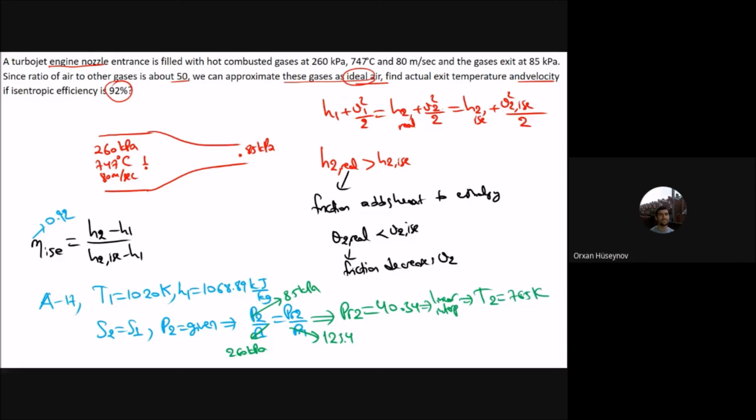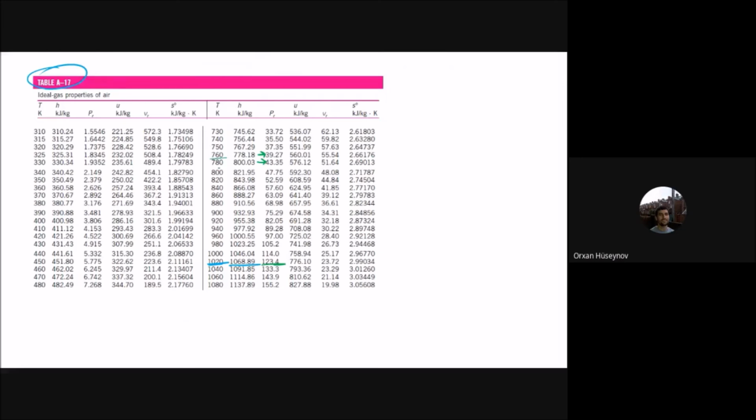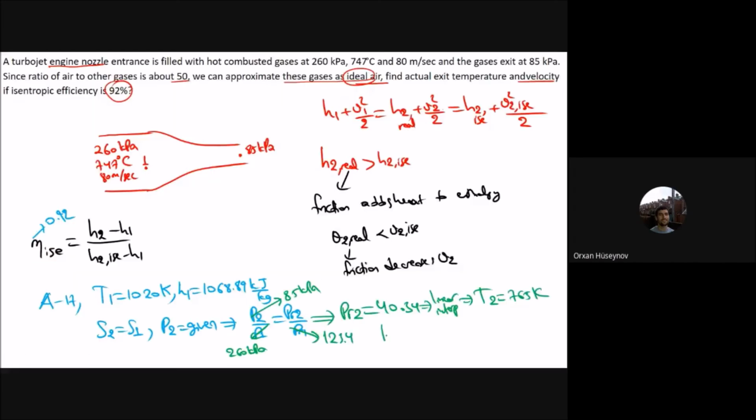We also require the enthalpy value, H2 isentropic, because we are using the isentropic relationships, and by linear interpolation it will be equal to 784 kilojoules per kilogram.